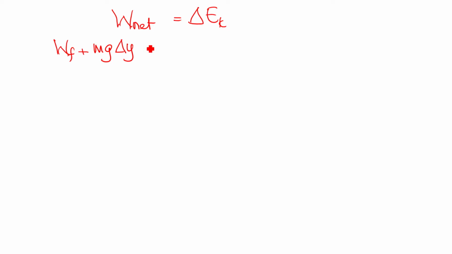And remember that as it raises it, we should take into account the fact that it is moving along a surface, not moving straight up. That is going to give me a change in kinetic energy, which is Vf squared minus Vi squared.